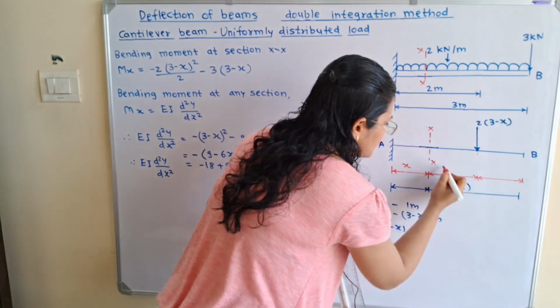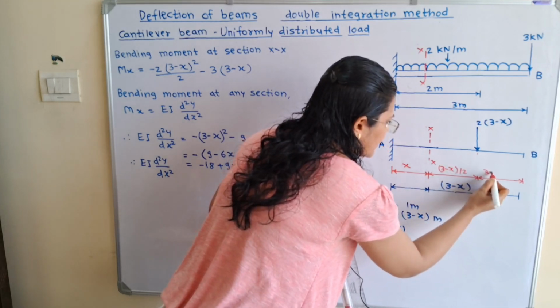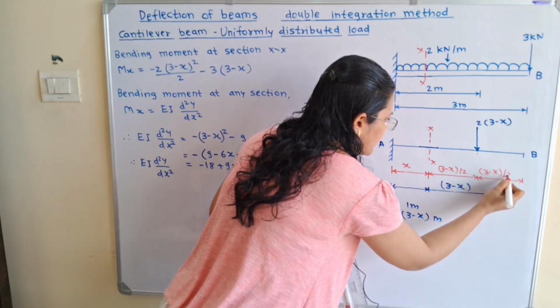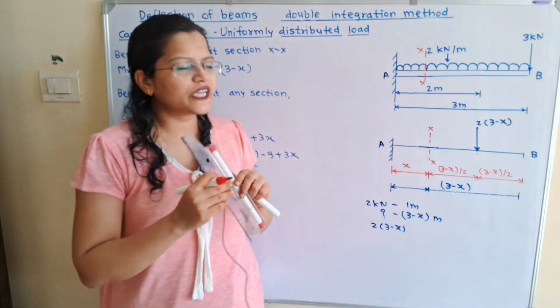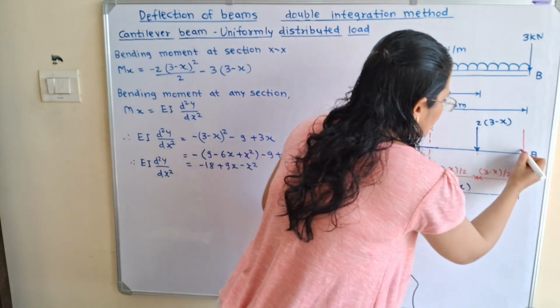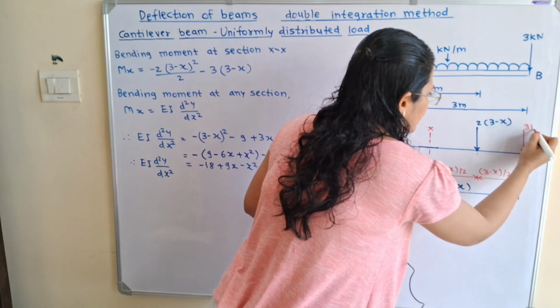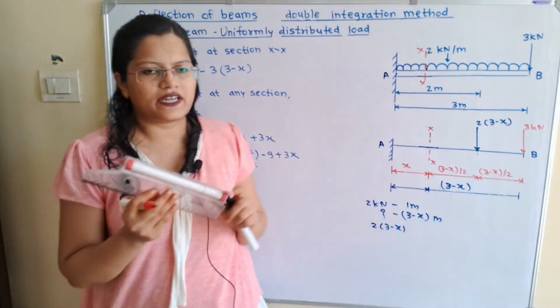So this distance is 3 minus x divided by 2 and here is 3 minus x divided by 2. Now at point B there is 3 kilonewton load acting in the downward direction. So we will show this point load 3 kilonewton. Now this is the free body diagram.